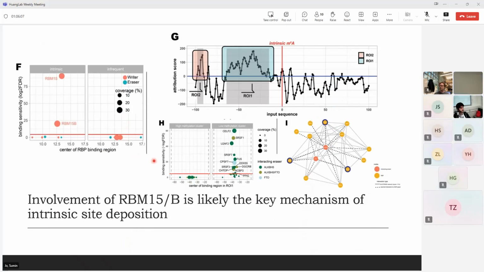So to really look for these additional RE binding proteins that might affect methylation levels. Yeah. So you want to examine the neighboring nucleotides and see whether there are unique motifs shared by different groups of these intrinsic sites.